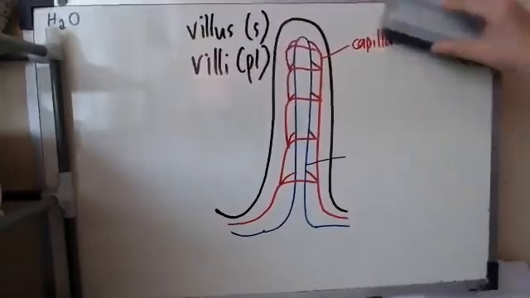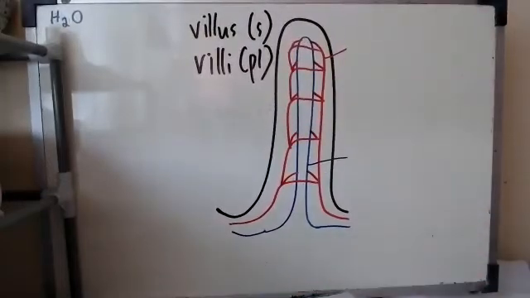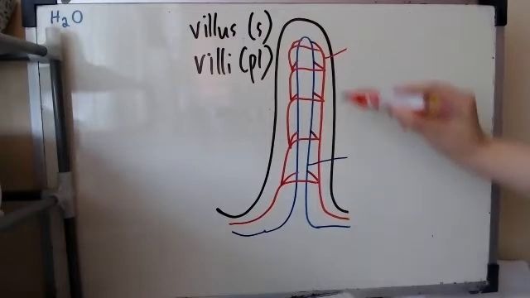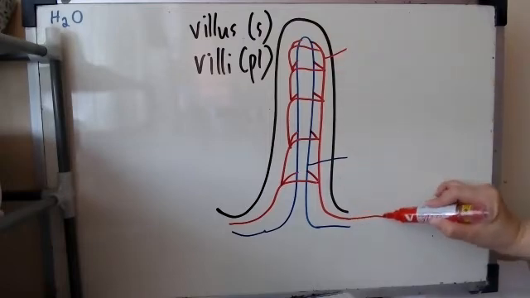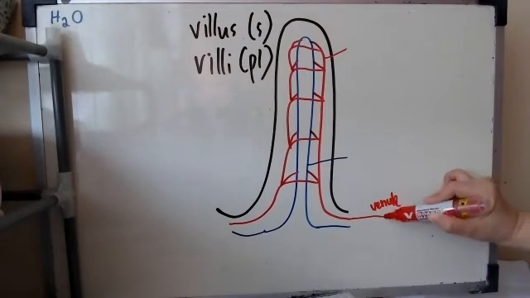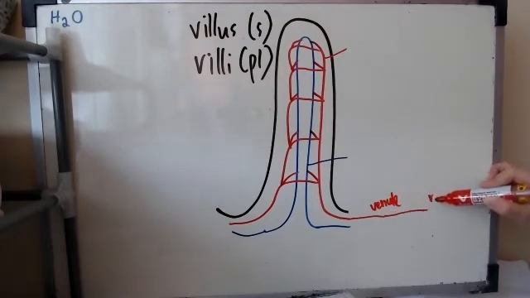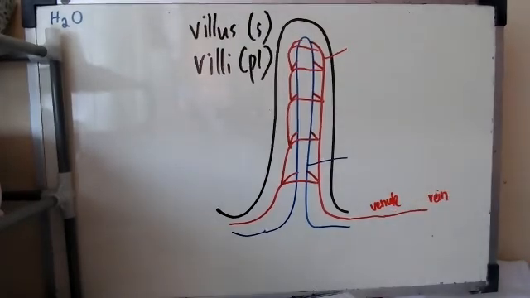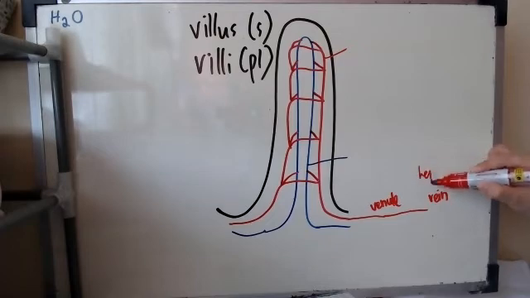So basically, the blood vessels from capillaries eventually become a small venule, which is a small vein. Then it'll become a vein. This vein is what we call the hepatic portal vein.